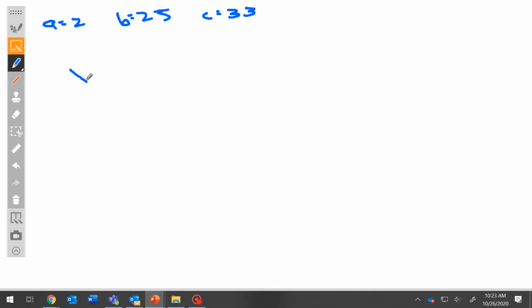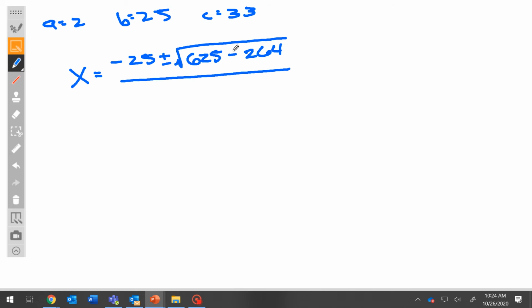So our formula is x is equal to negative b, so negative 25, plus or minus the square root of b squared, so 25 squared, I don't know what that is, 625, so b squared minus 4 times a times c, so 4 times 2 times 33, which is 264. All of this over 2a, so a is 2, so 2 times a would be 4.